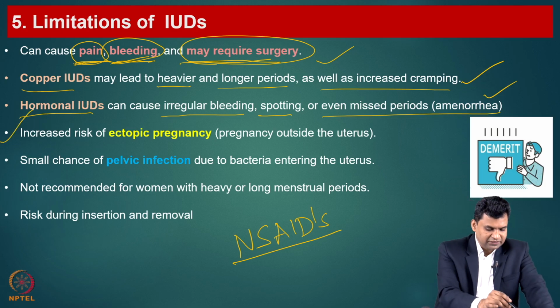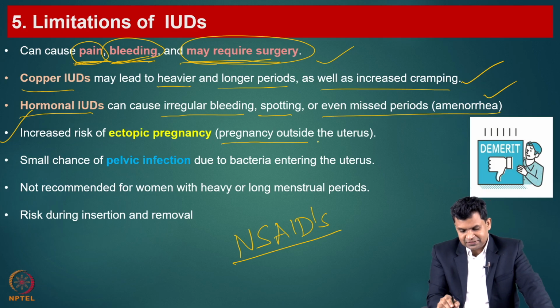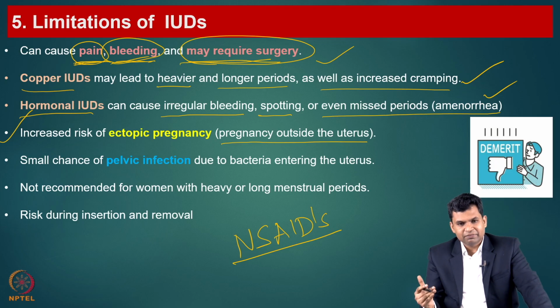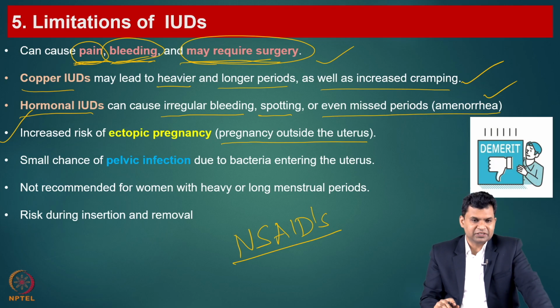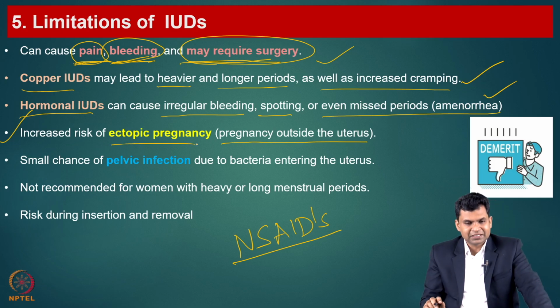The fourth point is an increased risk of ectopic pregnancy, that is, pregnancy outside the uterus. There are chances that the pregnancy may occur outside the uterus, so we need to take precautions while using intrauterine devices.